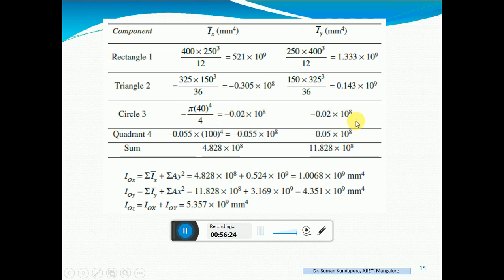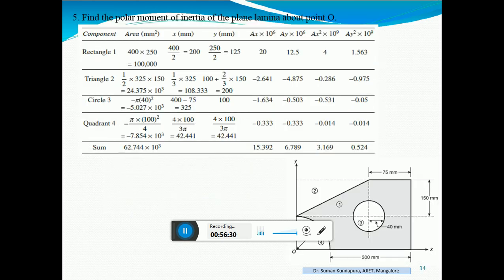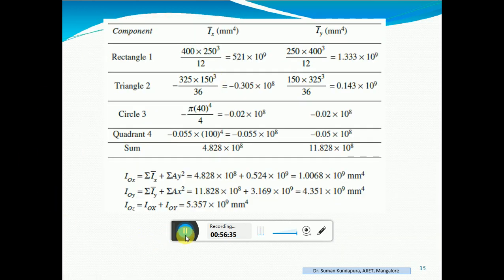And for the circle Iy bar, please check into the derivations. For the circle and the quarter circle we have both Ix bar and Iy bar, same here. Look into the derivations and the same value is written over here. Next, the summation of the Ix bars, please take care of the negative sign. Summation of the Ix and Iy bars.